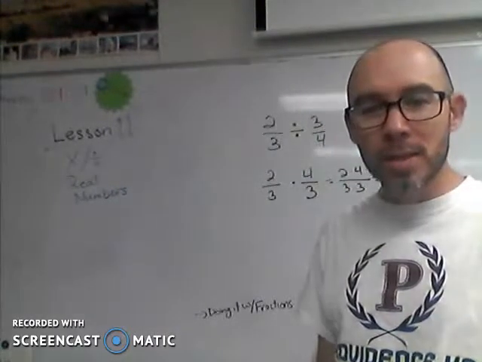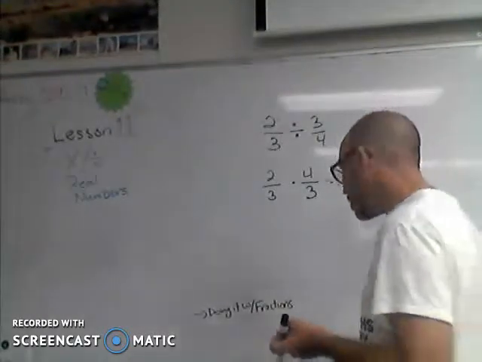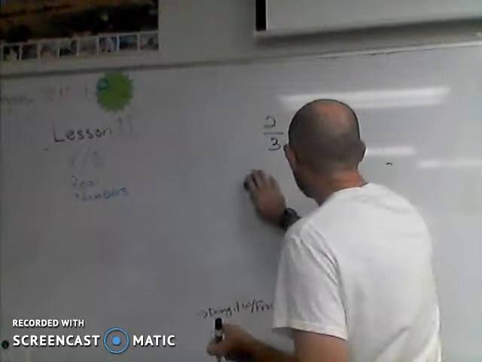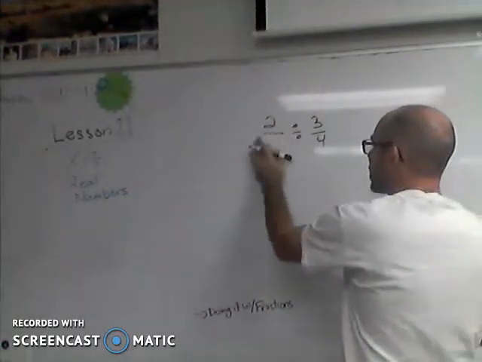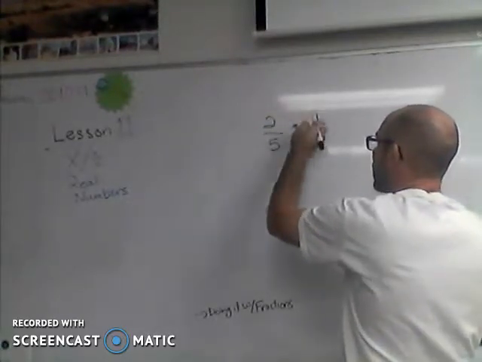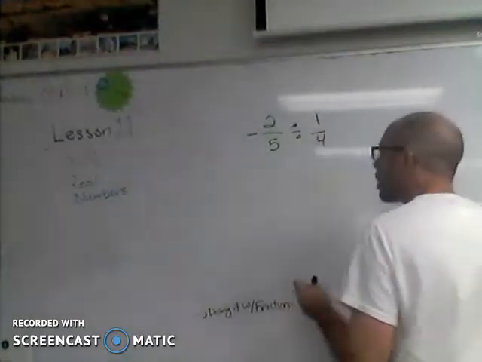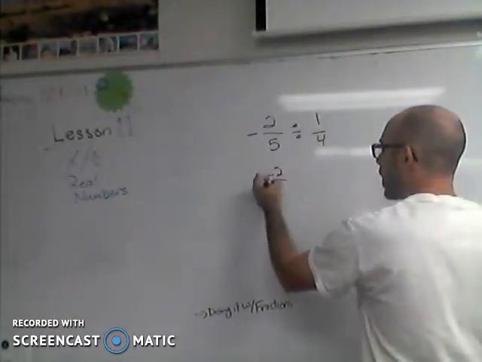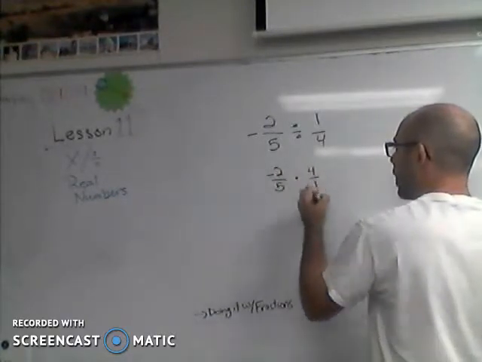Now, if we throw in some signs into that, it's the same thing. We'll just keep track of pluses and minuses. For instance, leave that divided by, but let's do this like 2/5 and 1/4. But this one's negative and that one's positive. Let's just follow the rule. Let's keep that negative out there, and then let's make it multiplication by its inverse.